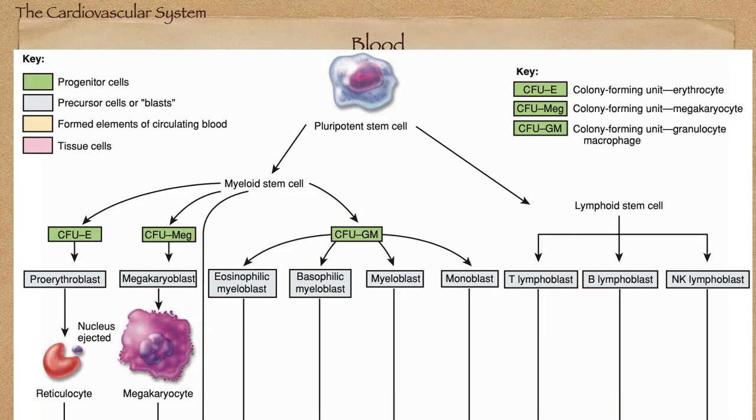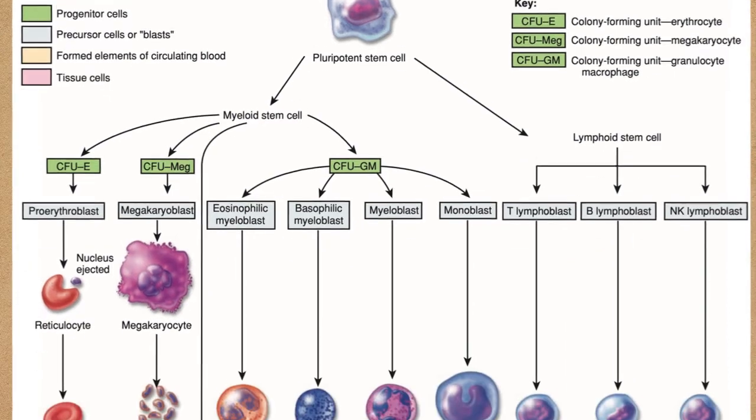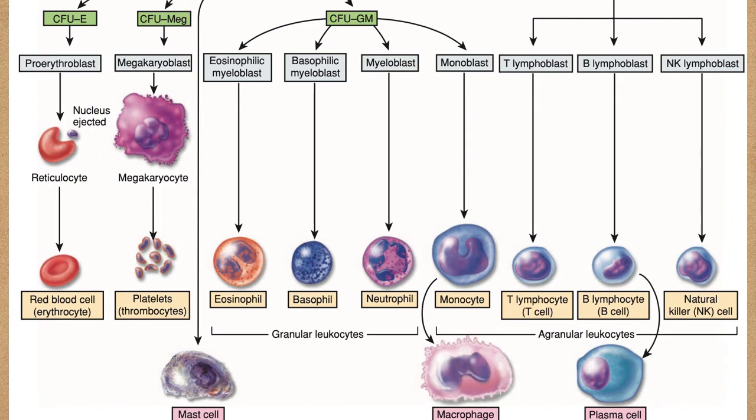If we focus the discussion on the red blood cell, maybe you'll know why they need to eject that. Anyway, once the nucleus is ejected, it's called the reticulocyte. Then it becomes the red blood cell or the erythrocyte. So just recall, CFU-E becomes the pro-erythroblast, but since it's a blast, it still has a nucleus.